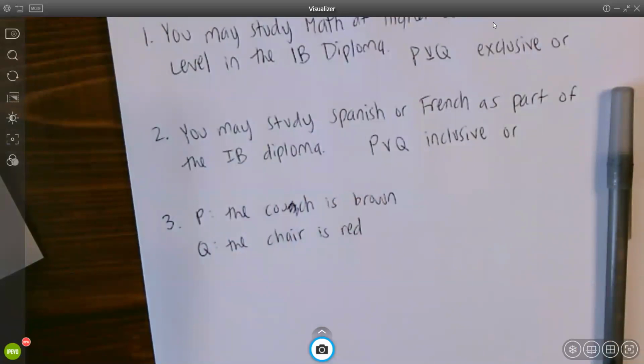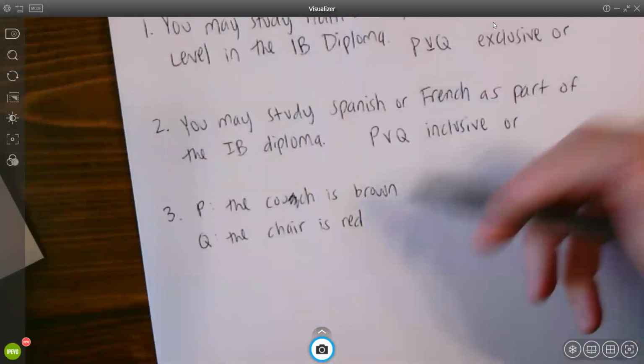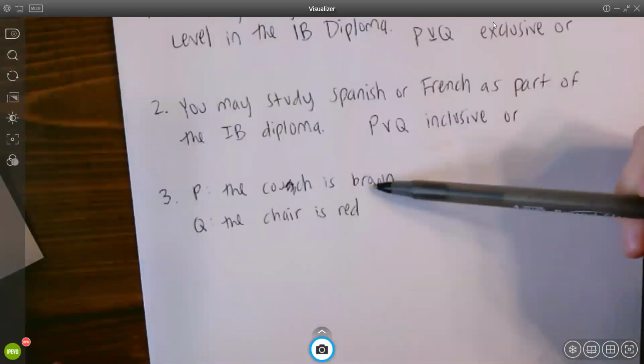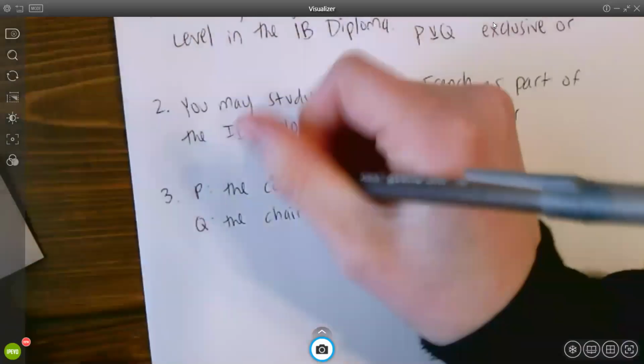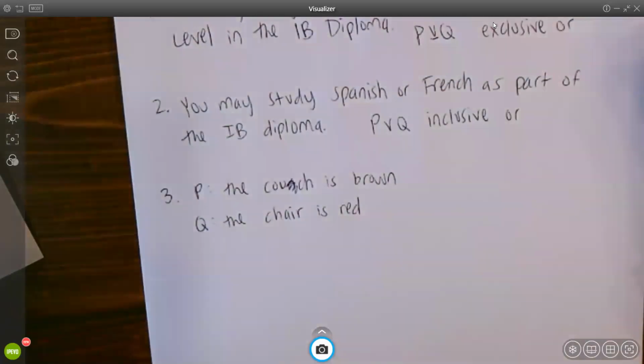Okay, so for this one, the couch is brown, the chair is red. We don't know whose home this is that we're talking about.